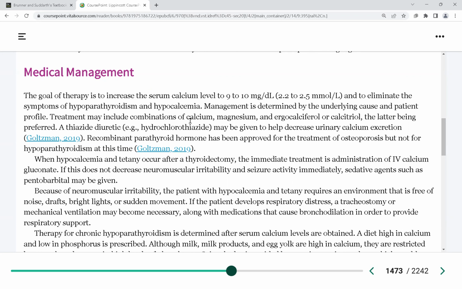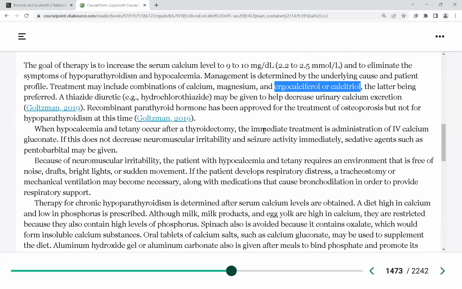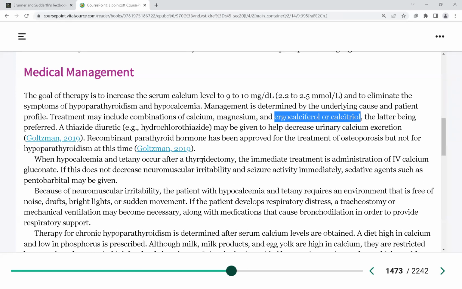Now vitamin D comes in 2 forms. We have activated vitamin D and then we have inactive vitamin D. Calcitriol is active vitamin D. Okay, calcitriol or dihydrotachysterol, they are active forms of vitamin D. There is an inactive form of vitamin D, which is only reserved for chronic hypocalcemia or chronic hypoparathyroidism.